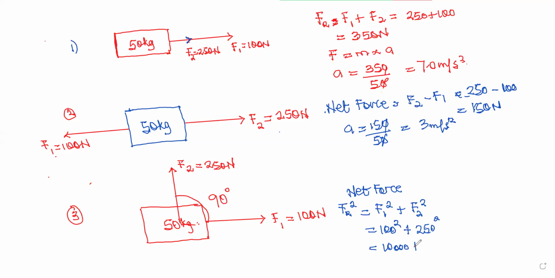What is 250 squared? 62,500. Okay, sum those values for me. 10,000 plus 62,500.